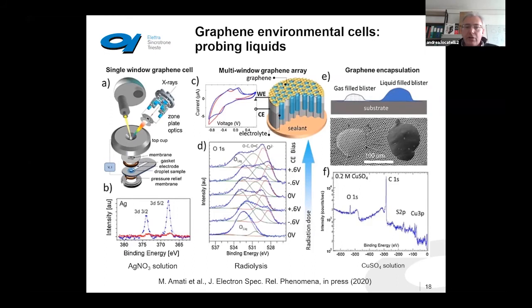They can study the radiolysis of water, which was contained in a special sample holder called multi-window graphene array. It's formed by tiny capillaries which are filled with a liquid and a solution into that, and they were able to basically study an electrolyte and apply voltages to this setup here. And finally, of course, another method is just to include the liquid under a bubble.